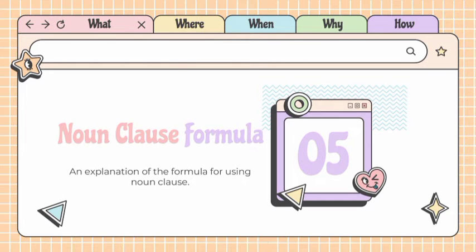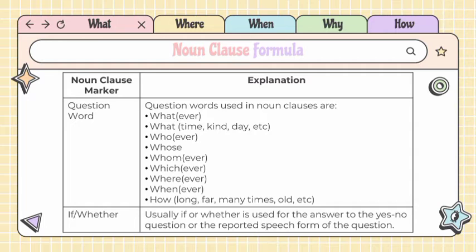5. Noun clause formula and explanation of the formula for using noun clauses. Noun clause maker, question words: what, whatever, what time, kind, day, who, whoever, whose, whom, which, where, when, how. If or whether: usually if or whether is used for the answer to a yes/no question or the reported speech form of the question.